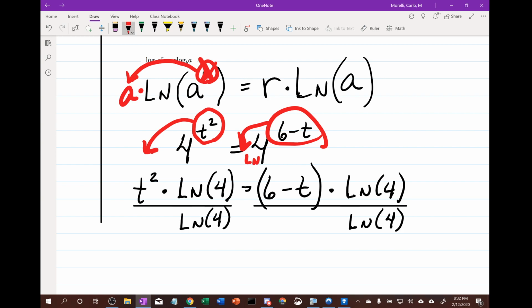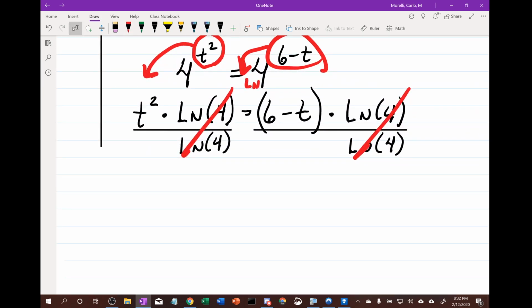This is something divided by itself, so those cancel out, and these cancel out. Which brings us to this position here. Now all that's left is the t squared on the left, and then the 6 minus t on the right. So we got t squared equals 6 minus t.